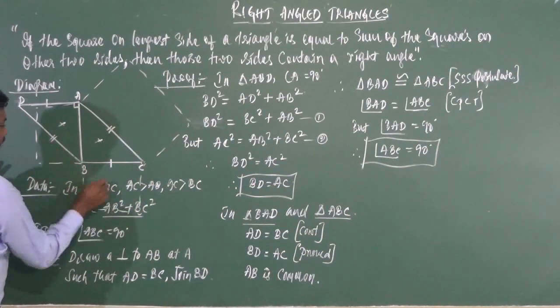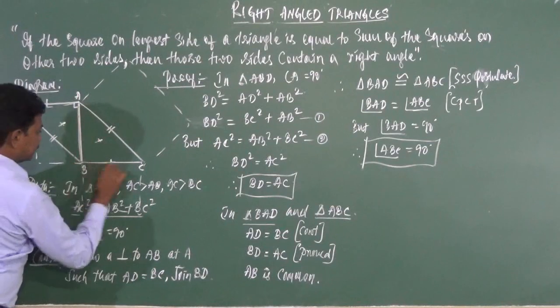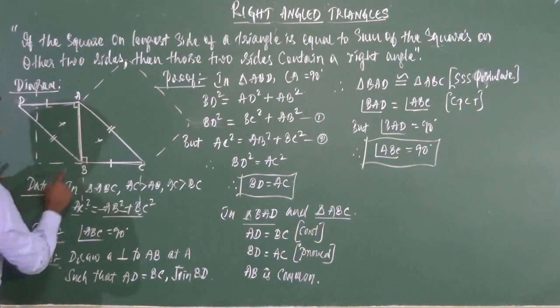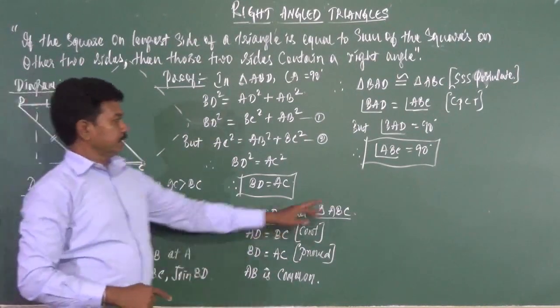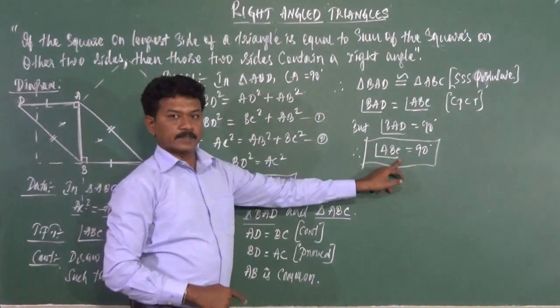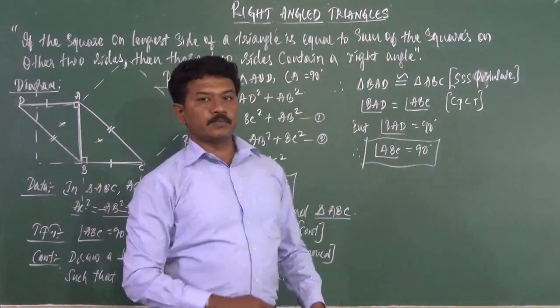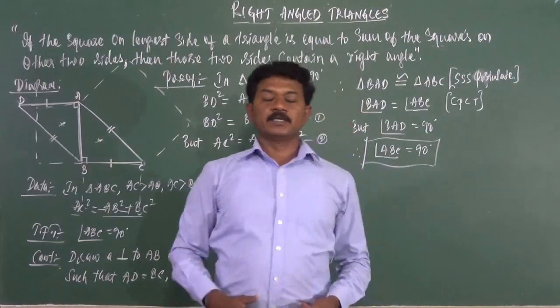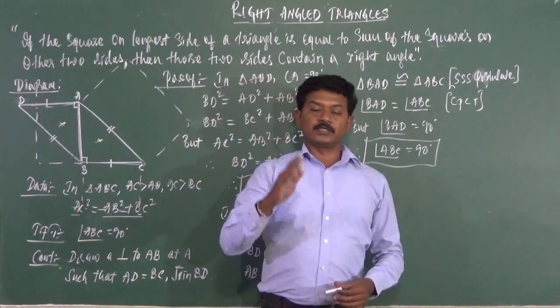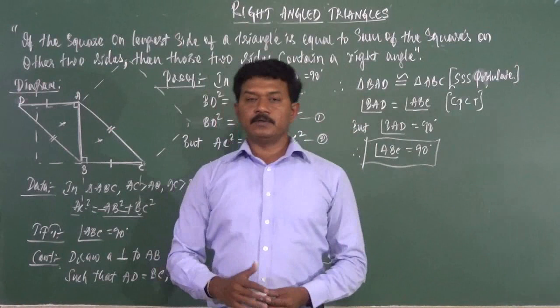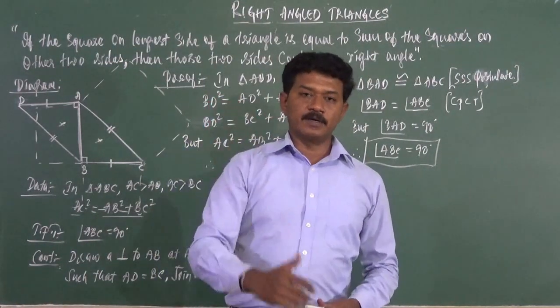Then those two sides, that is this side and this side, should contain the right angle. That is angle ABC is equal to 90 degrees. We have proved that, right? So this is by argument, that is the logical process of proving any enunciation or a proposition. So this is very important for your knowledge.